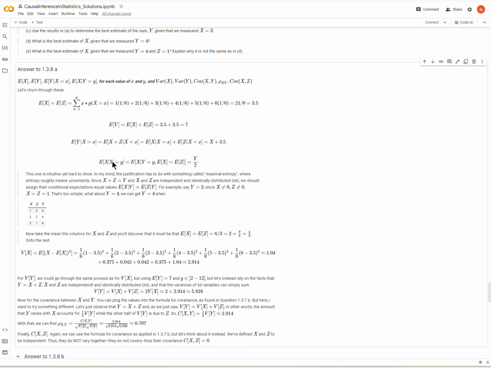Now we're asked kind of the reverse: what is the expected value of x given y?